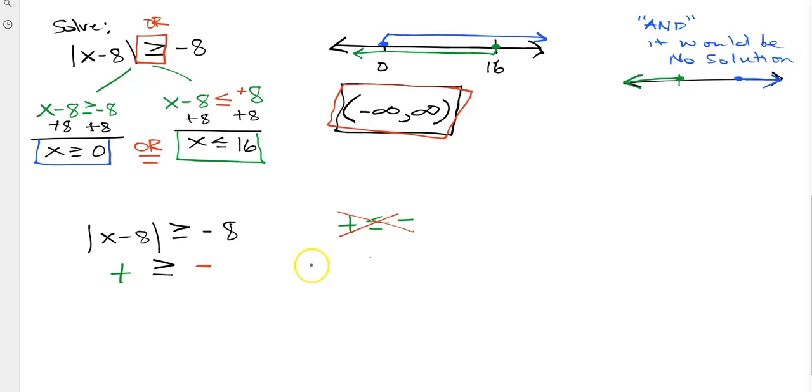Yeah, but be careful, because if you have something like this where it was like absolute value of x plus 5 is greater than, we'll just say 3, right? Well, here that's going to be a positive number. We're saying a positive number is greater than a positive number.